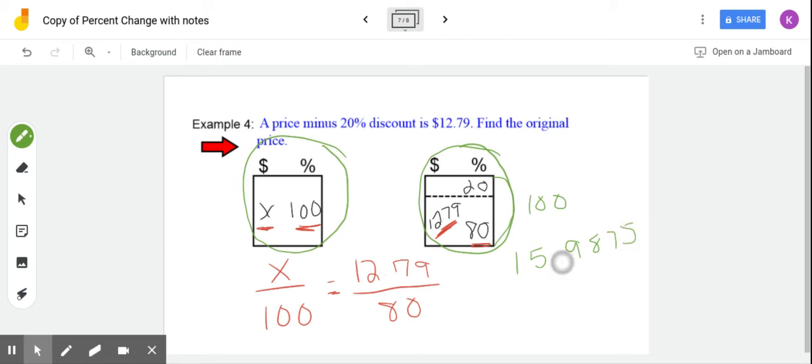Do we talk about money like that? Do we talk about money being 98? No. We'd round this to 15.99. So this was our original price.